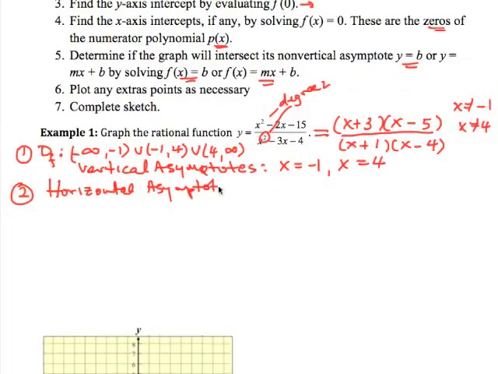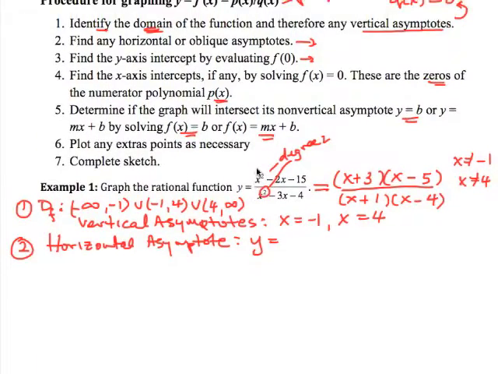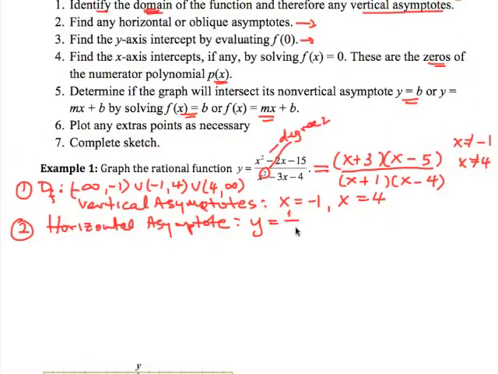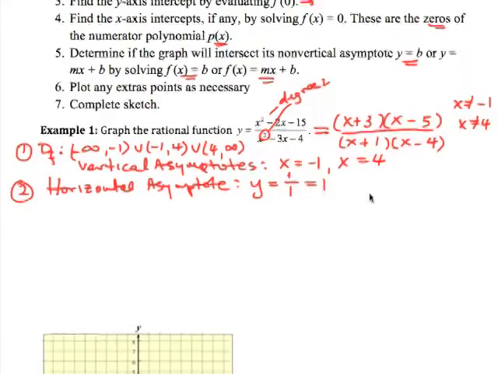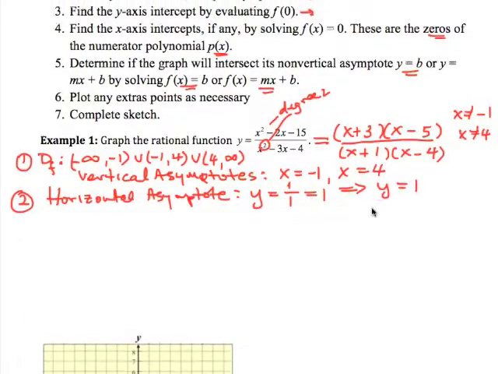The horizontal asymptote will be given by y equals, and we look at the number in front of x squared in the numerator, which is 1, and the number in front of x squared in the denominator is 1, so we have y is equal to 1. So there's our horizontal asymptote.